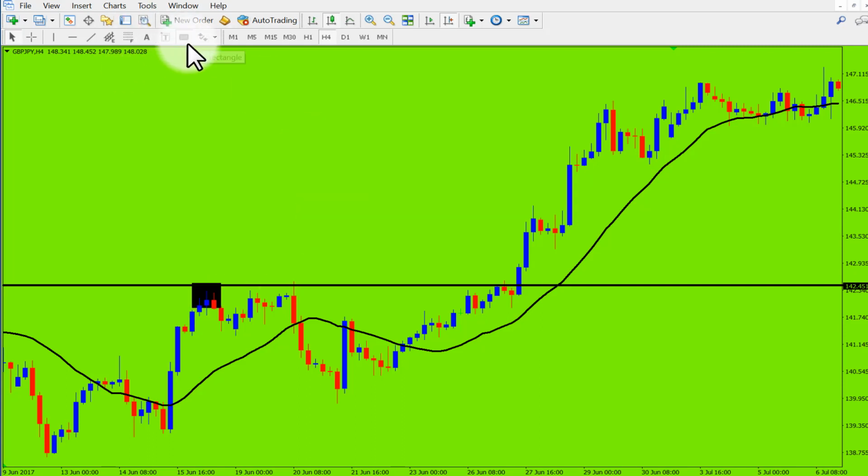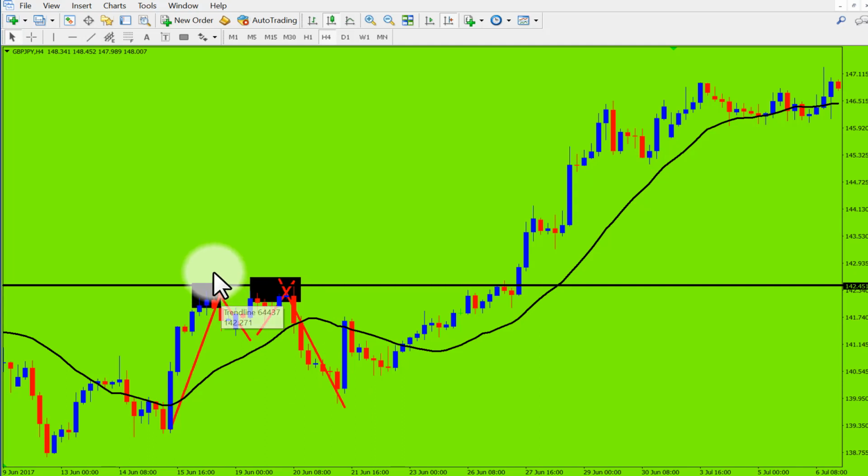If we watch very carefully, price goes from here to here, and then price comes back from here to here. Again price goes from here to here, and then price again comes back from here to here. So we have already found our double top. This is the first top and this is the second top.